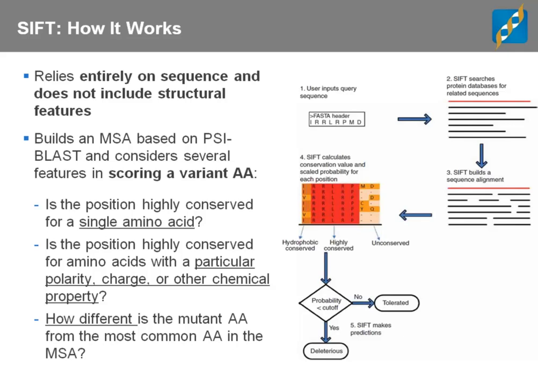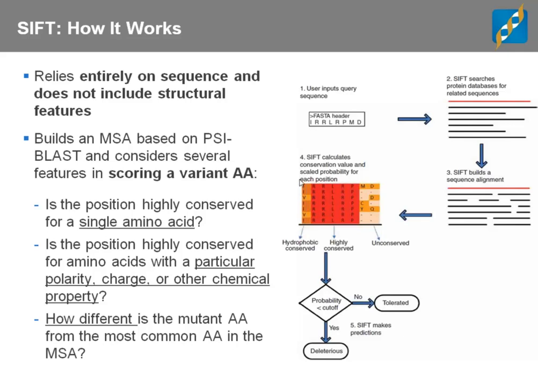Now, if we look at how it really works, SIFT relies completely on protein sequence and does not include any structural features of the protein. It builds a sequence alignment based on BLAST and considers a whole bunch of different features in scoring a variant amino acid. So it asks questions like this: is the position highly conserved for a single amino acid? So you can see in this column in the example, always having the L. That's a highly conserved position. Is it highly conserved for amino acids with a particular polarity, charge, or other chemical property?